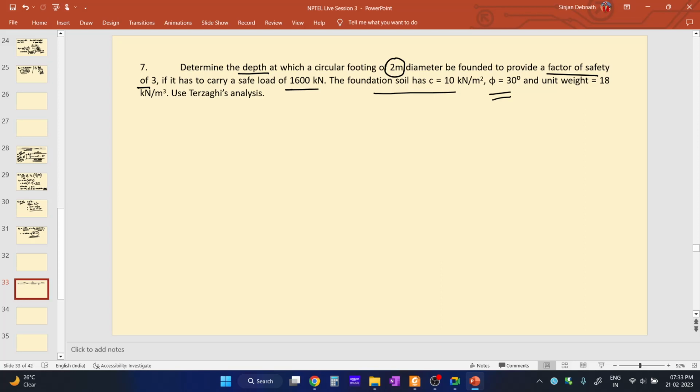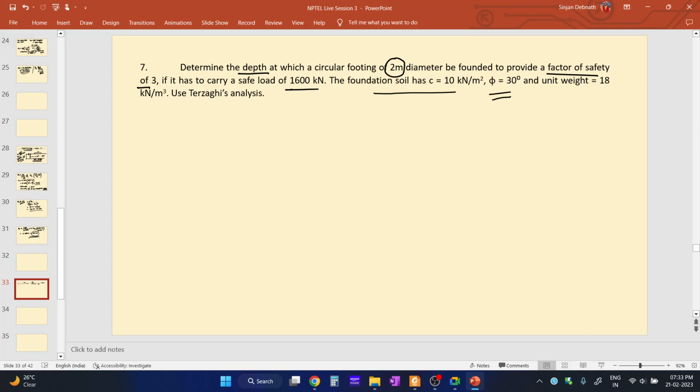If the phi value is greater than 35 or 36 degrees, general shear failure occurs. But if the phi value is lesser than 27 or 28 degrees, then we are advised to assume local shear failure. Here the phi is 30 degrees.